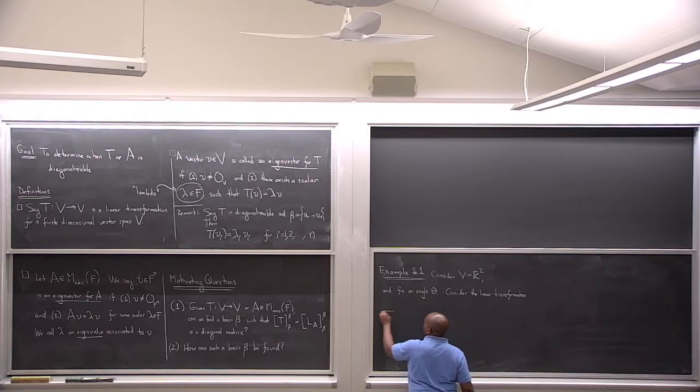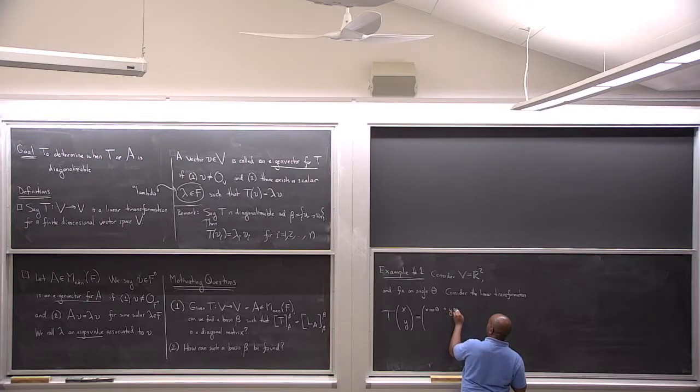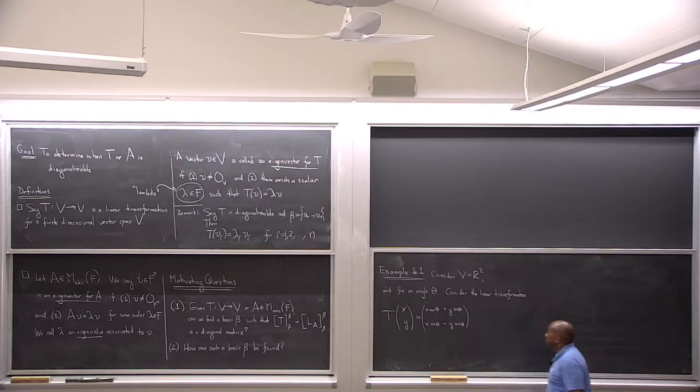So this T here will take a vector xy, and I'm going to write this in two ways. Either I can write this as x cosine theta plus y sine theta, and then x sine theta minus y cosine theta. Or if you don't like this, we can write this as a product of matrices.